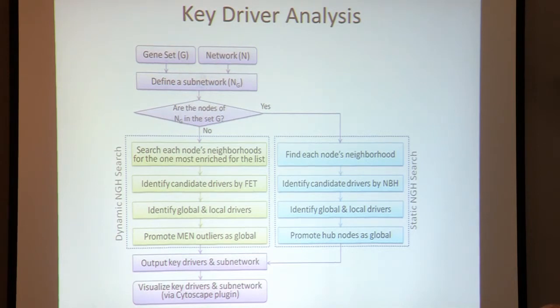So you have an input gene list, either from a module from the WGCNA analysis, or from the differential gene splicing analysis for case control samples.